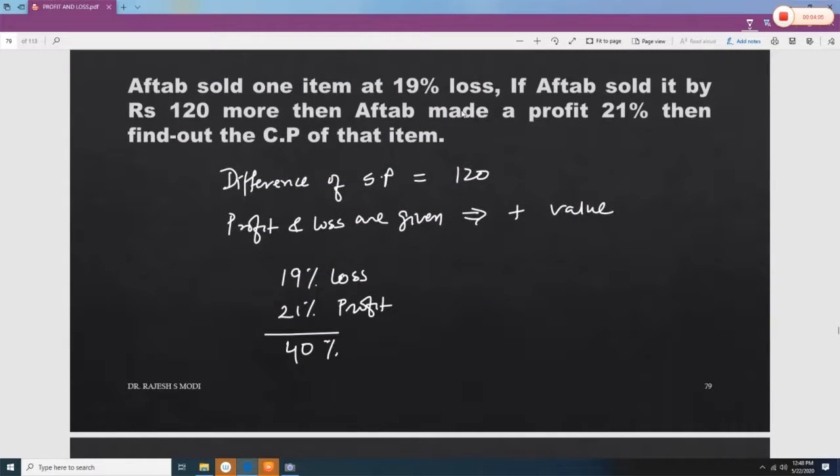Aftab sold one item at 19% loss. If Aftab sold it for rupees 120 more, then Aftab made a profit of 20%. Now you see loss and profit means plus, and the difference between the two selling prices is 120 more. So it is 19 plus 21, it is 40%.